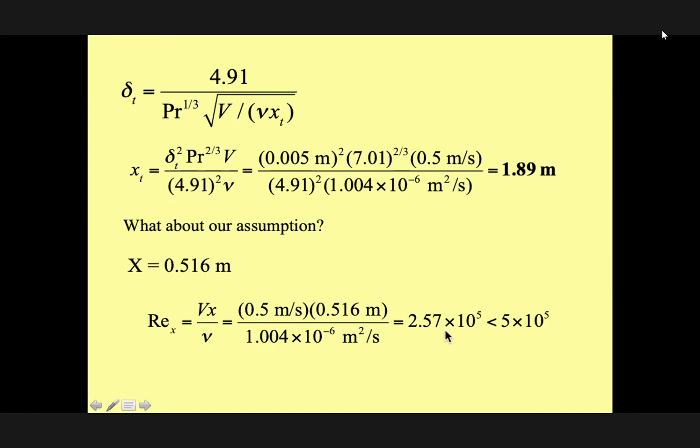Now, ladies and gentlemen, is this laminar or turbulent? It's laminar. Why? It's more than 2000.